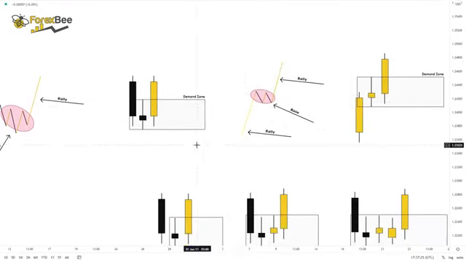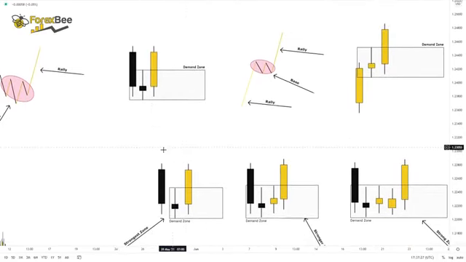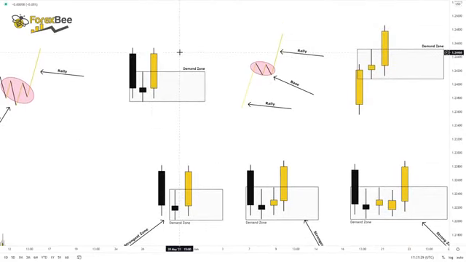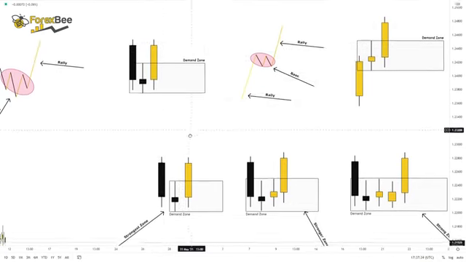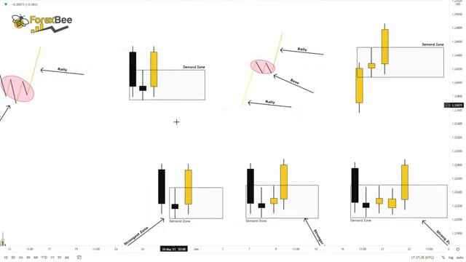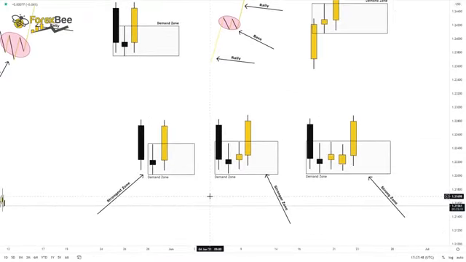There's another thing that you need to consider when you are spotting these zones and you're going to trade based on these zones, which is the strength of a supply or demand zone. There's a technical way through which you can see whether a zone is strong or weak.